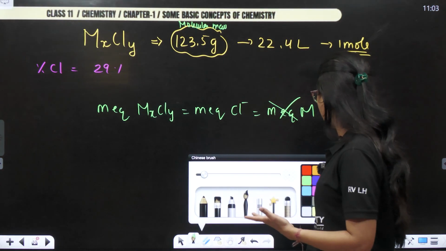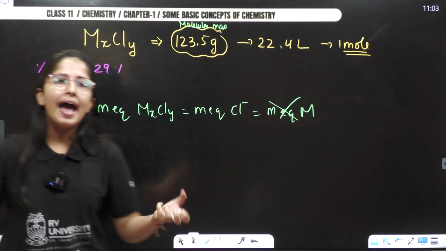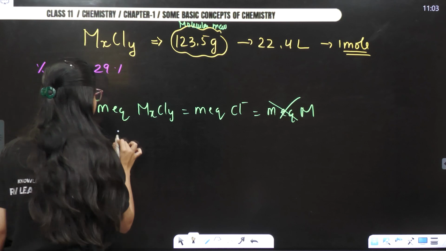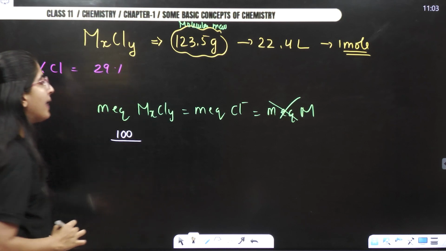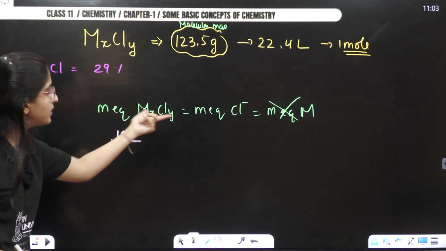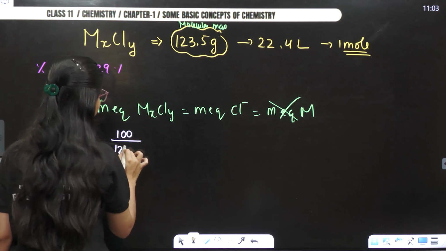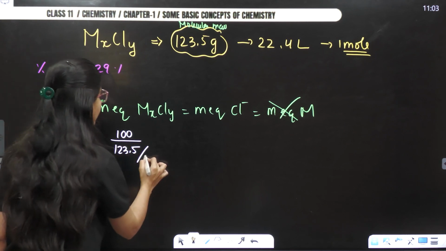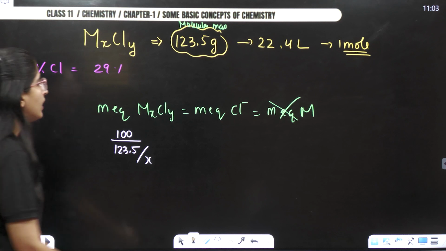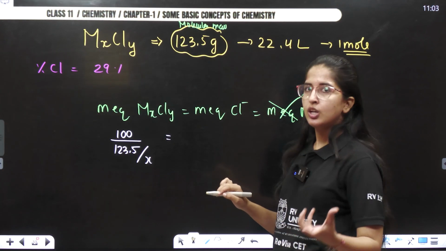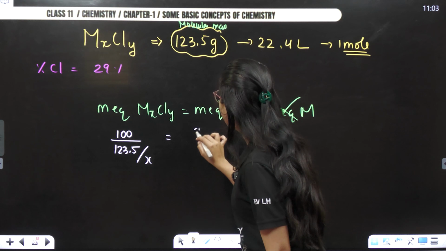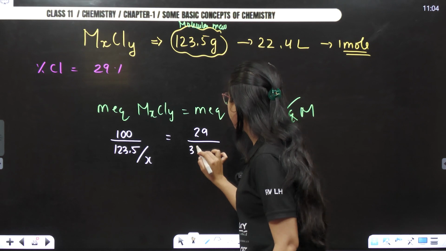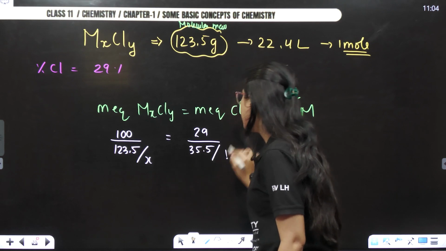Now let us calculate the milliequivalents. As MxCly, our whole molecule, is 100%, let me take 100%. The molecular mass of this MxCly is 123.5, and I have to calculate its valency, let me call it X. Now milliequivalents of chloride: you can take 29 divided by the atomic mass of chlorine, 35.5, and its valency is 1.